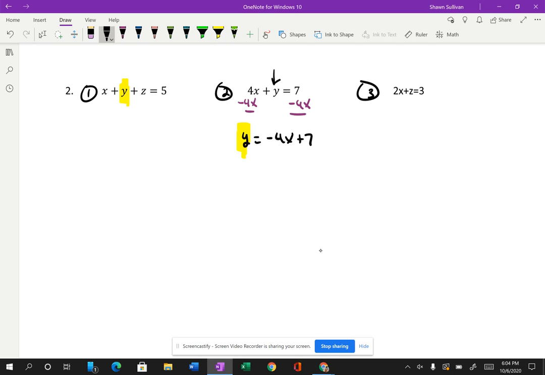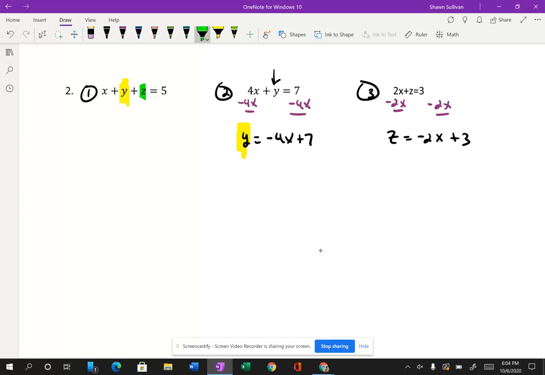Looking at equation 3 over here, let's solve for z. You could solve for x, but I think z might be a little bit easier. So that means I'm going to subtract 2x from both sides, and we get z is equal to negative 2x plus 3.